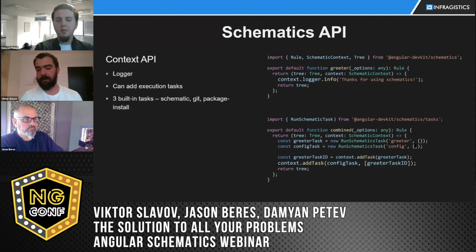We'll just pass nothing because these two in particular don't care about the options. And afterwards, we just chain them by doing context add task, the task predefined. And for the second one, we do context add task, the task predefined. And here, the second argument is an array with IDs on which this task is dependent, so it should wait for those. And when this is executed, it will finally execute in order.